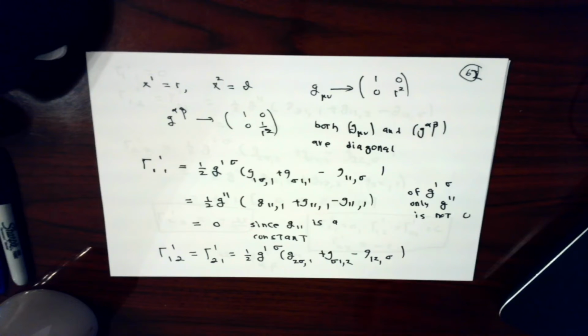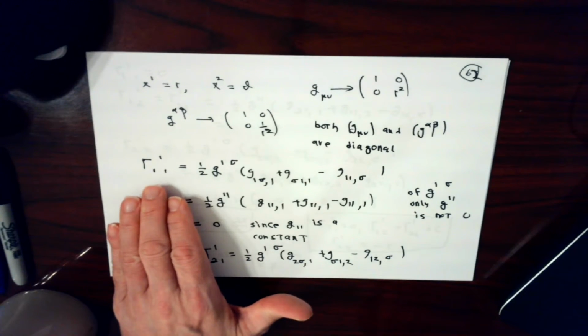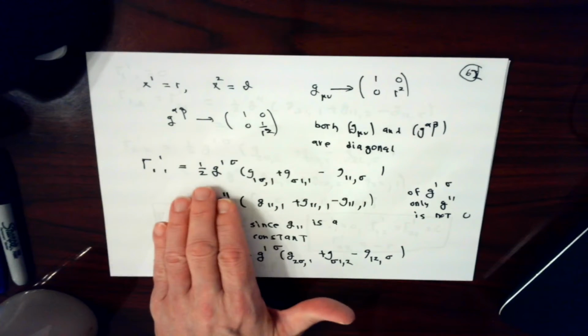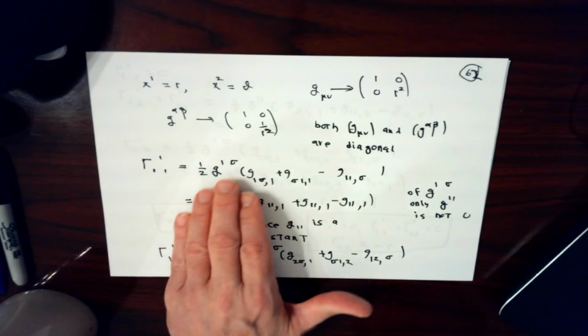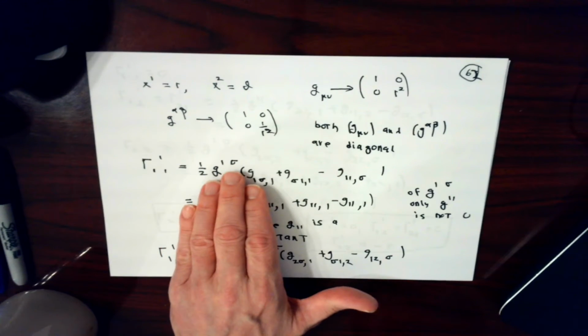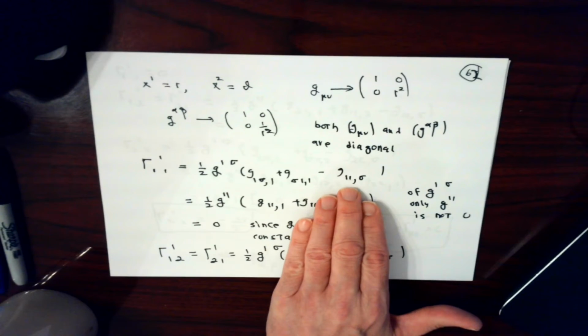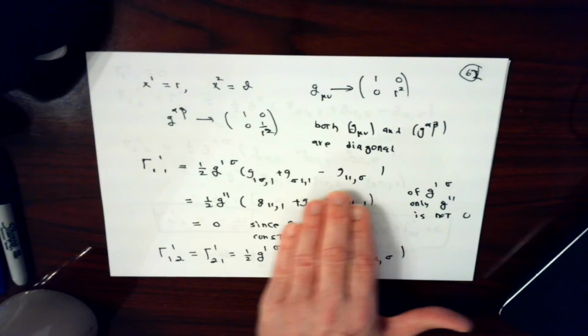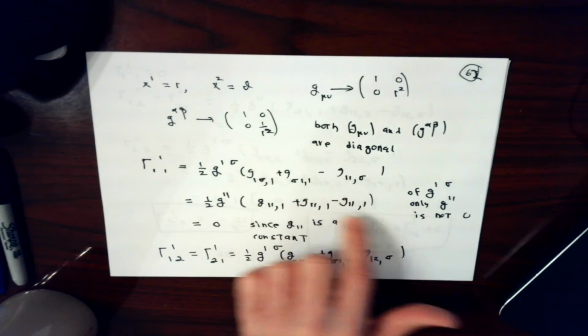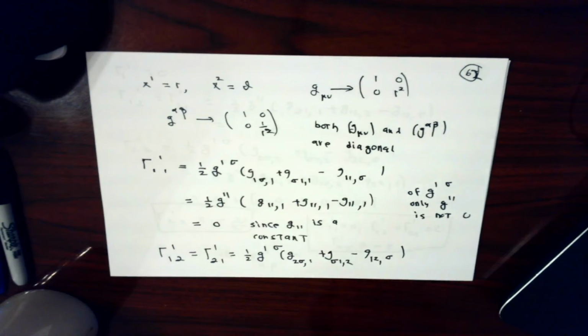For example, if I want to calculate gamma 111, this is 1/2 g1 sigma. Downstairs I'll have 1 comma sigma at the end, and the indexes on the other two terms are got by cyclic rotations here.